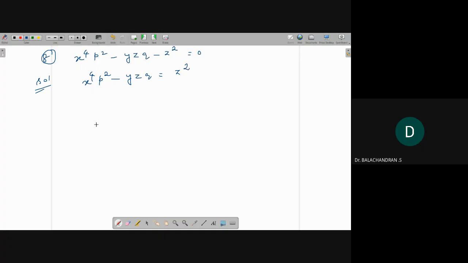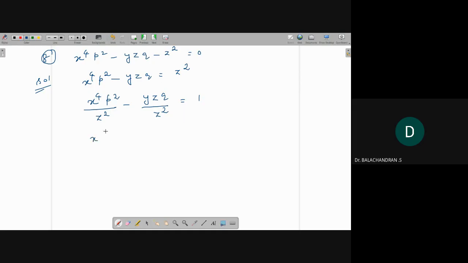Throughout divide by z square, then you will get what? x power 4 p square by z square minus yzq by z square is equal to 1, because we divide by z square.